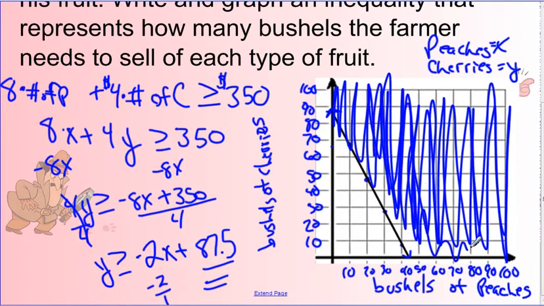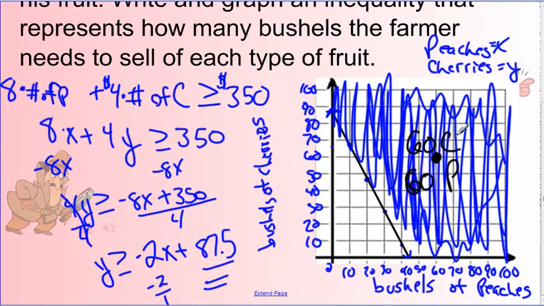So what does this mean for us? Well, this means if this guy sells 90 bushels of cherries and 0 bushels of peaches, he would make 350 bucks. Actually, he'd make a little bit more than that. If he sold anything in the blue, so if I picked this point right here, this is 60 bushels of cherries and 60 bushels of peaches.